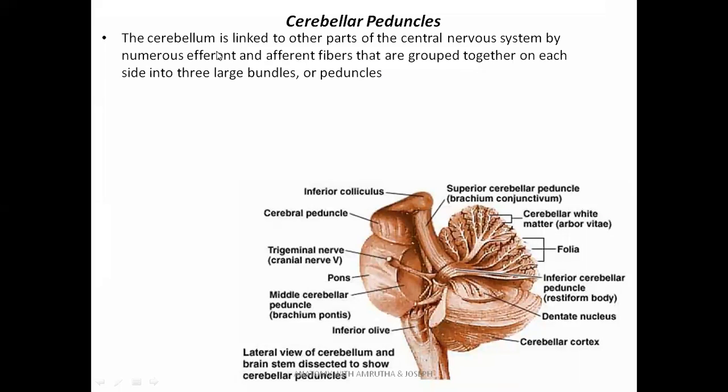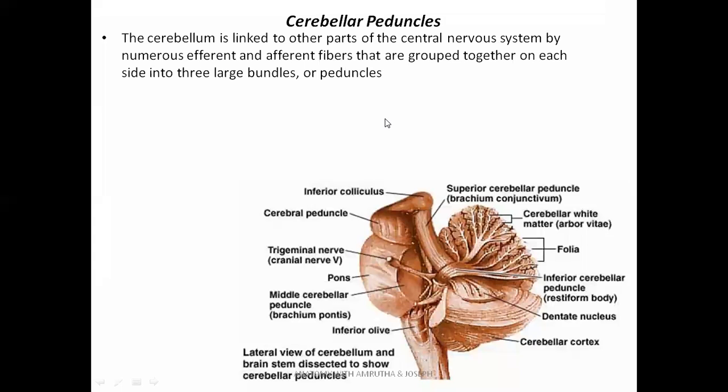The efferent and afferent fibers are grouped together on each side into 3 large bundles or peduncles. So when I say peduncles, they are nothing but the fibers. These fibers can be afferent, that is coming to the cerebellum, or efferent, that is leaving from the cerebellum. So the peduncles have 2 possibilities: the afferent fibers or the efferent fibers.